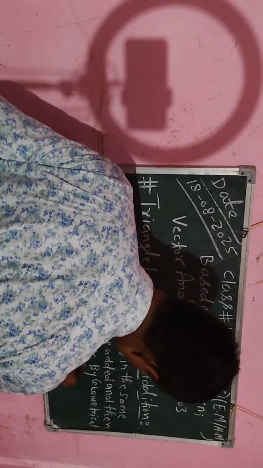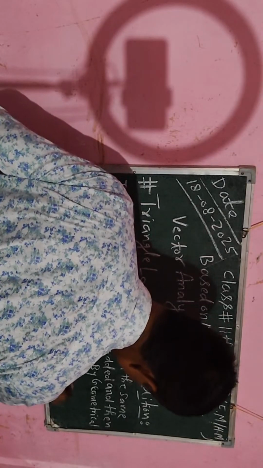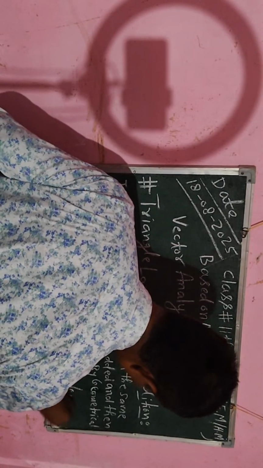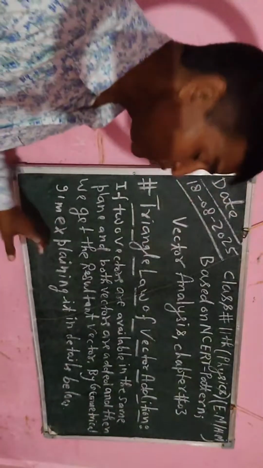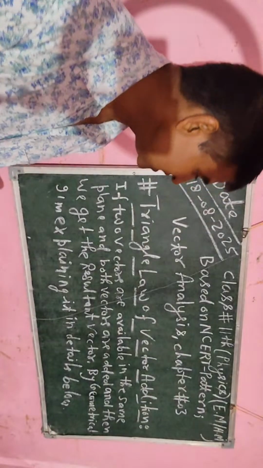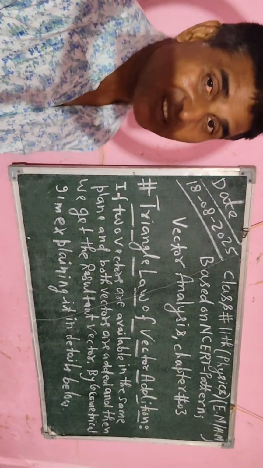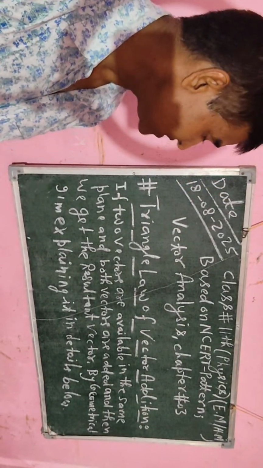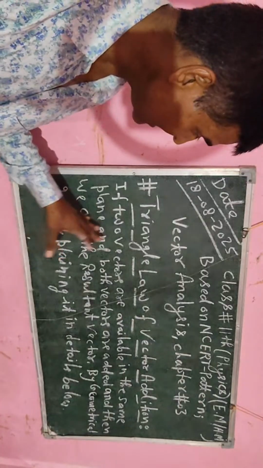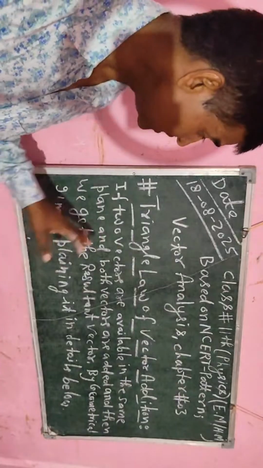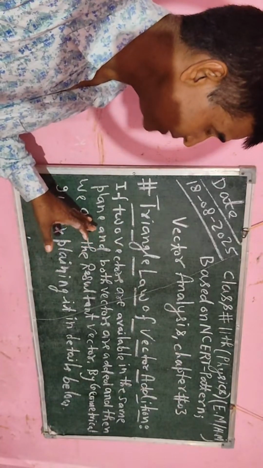So this is the information. Below this information I will explain, because in the same plane I will take two vectors, and both vectors will be such that we have to take their resultant vector. So these are the information. Okay, so this information I will explain in Hindi.